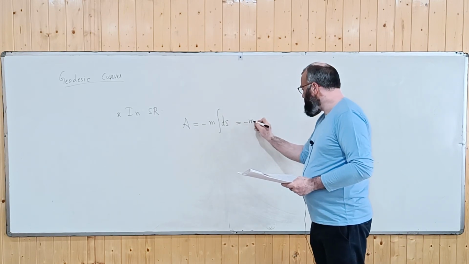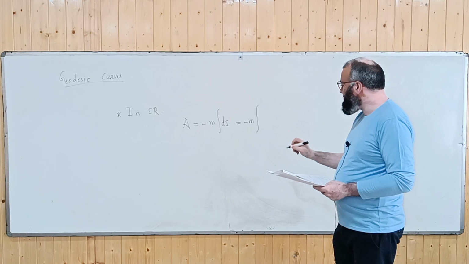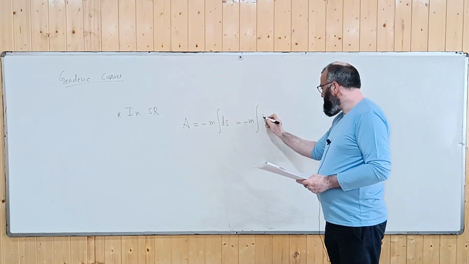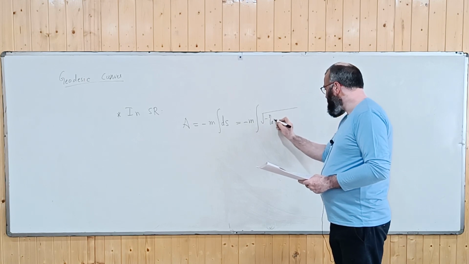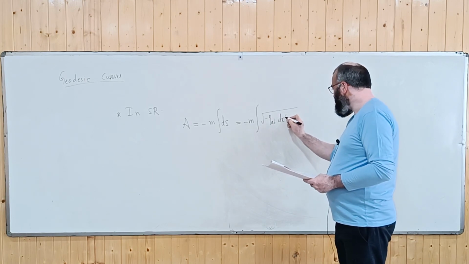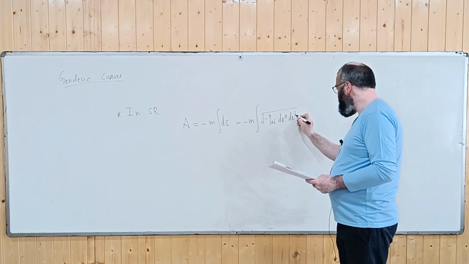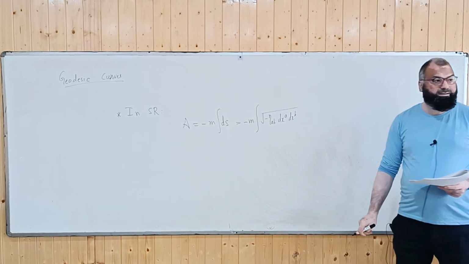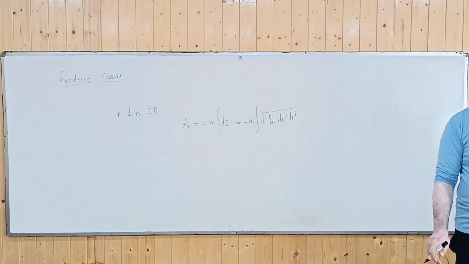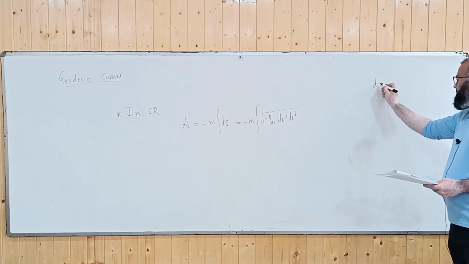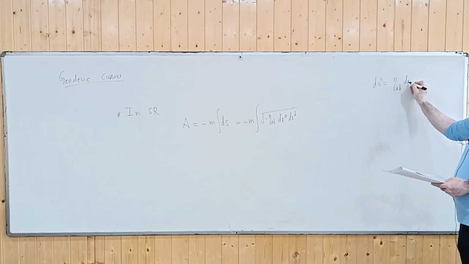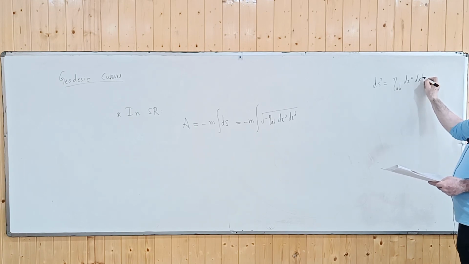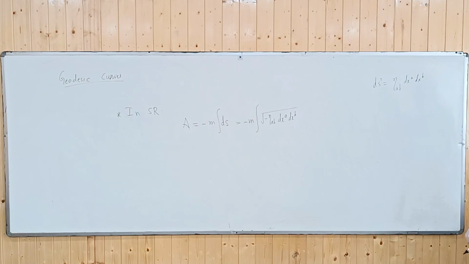It is like this: m, integral of ds, which is root of minus eta ab dxa dxb. Clear? This is how we write it. So you have ds square is equal to eta ab dxa dxb. You got my point?